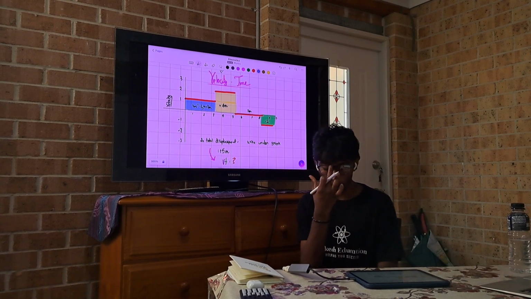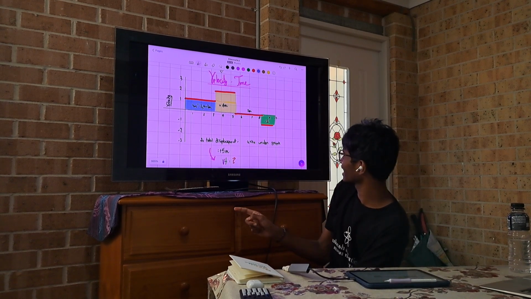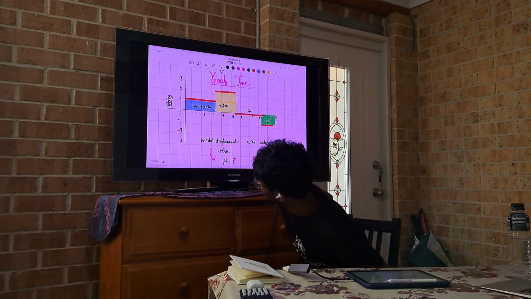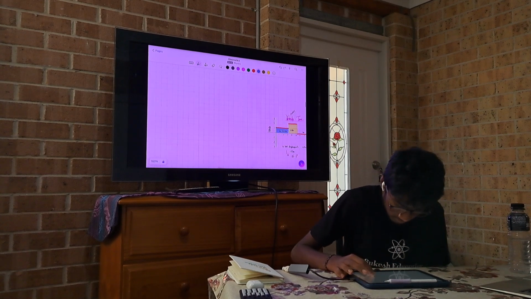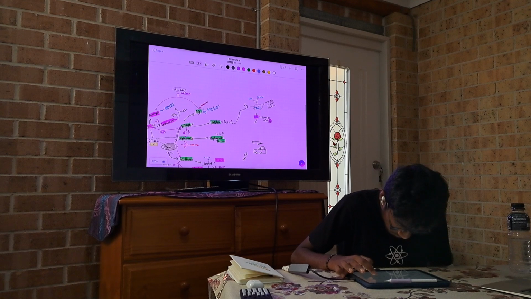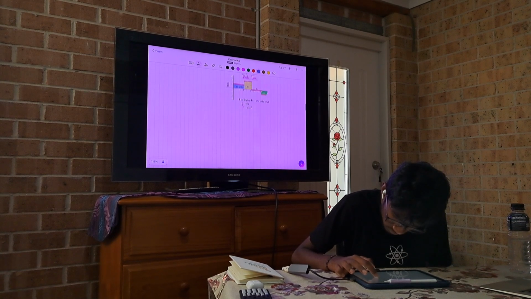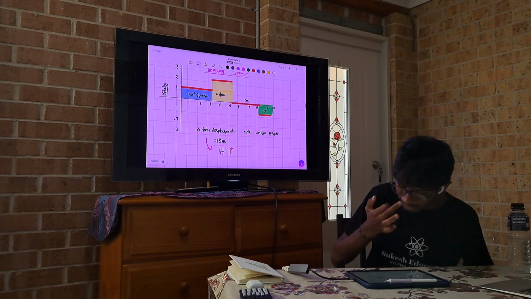Okay? So now we are able to understand that displacement is equal to velocity times time. Now you know why displacement.